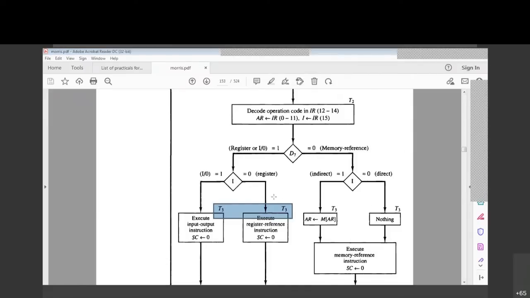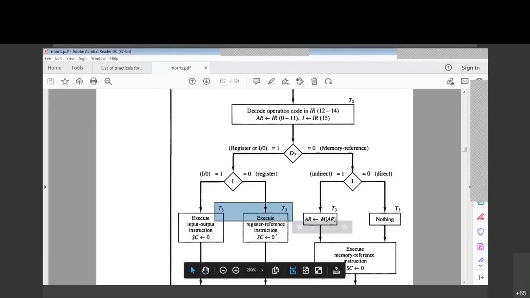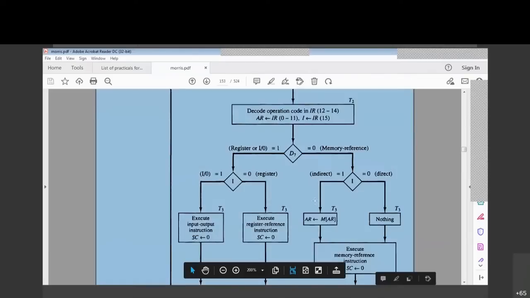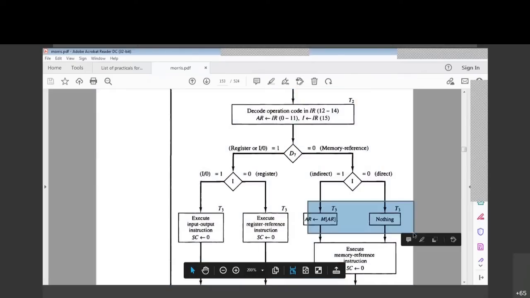Yeah. So here, it was fixed that at timing signal T3, my input output or register reference instruction would take place, and I will reinitialize my sequence counter to 0 so that it generates T0 timing signal. Okay. But in this case, at time T3, what happens is the actual effective address is stored in AR.